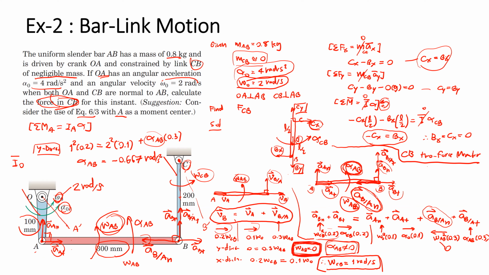So what does this mean? It means that the direction that we assume is incorrect. We assumed alpha AB to be counterclockwise, but the real direction of alpha AB should be positive in the clockwise direction.